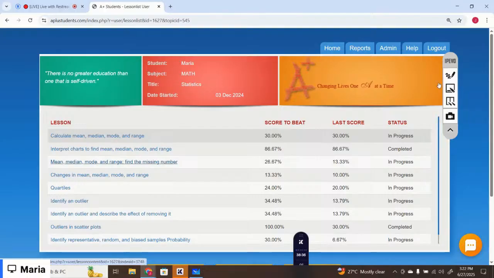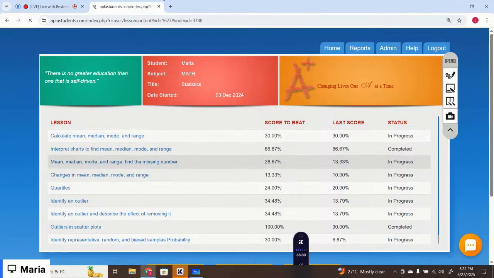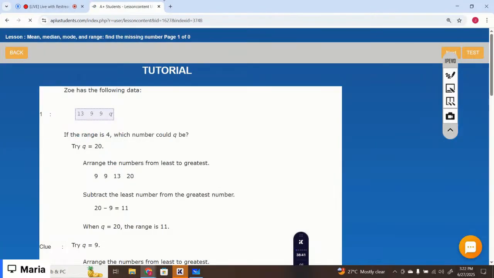The next lesson is mean, median, and range. Someone has the following data: 13, 9, 9, 9, 2.